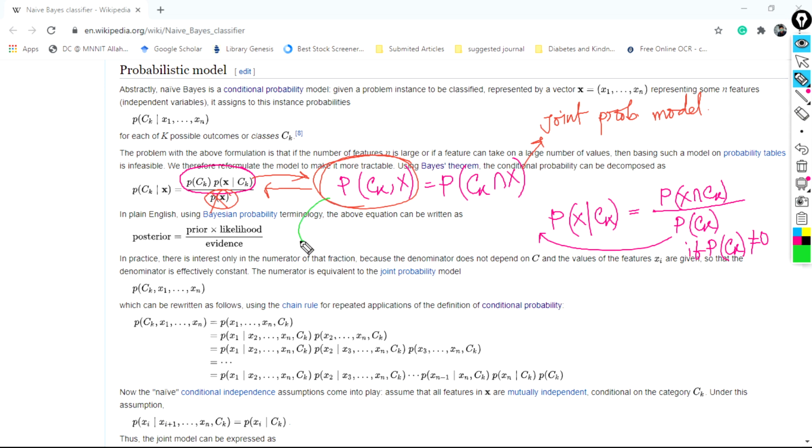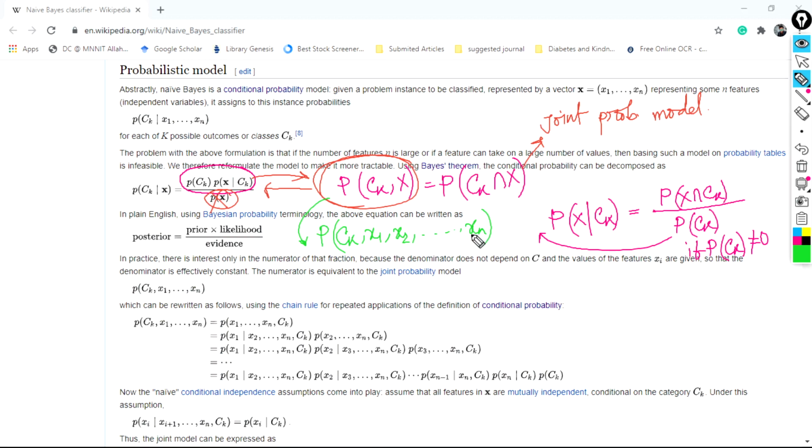If you write this term in this formula, P of Ck in terms of capital X, we simply write x1 x2 up to xn. So we are interested in calculating this thing.